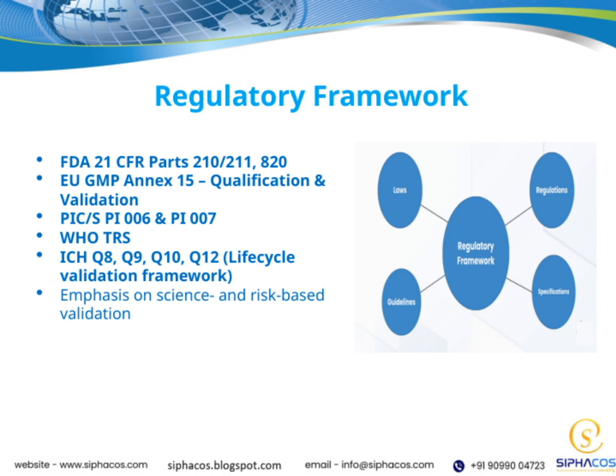Furthermore, the ICH guidelines, Q8, Q9, Q10, and Q12, are integral to our lifecycle validation framework. They advocate for a science and risk-based approach, meaning we focus our validation efforts on areas with the greatest impact on product quality and patient safety.